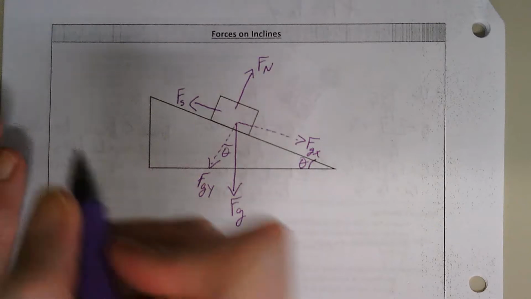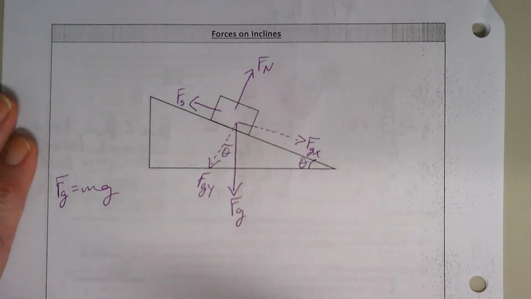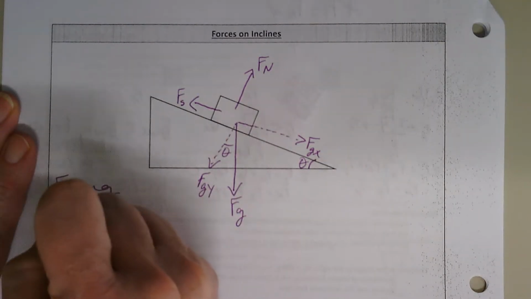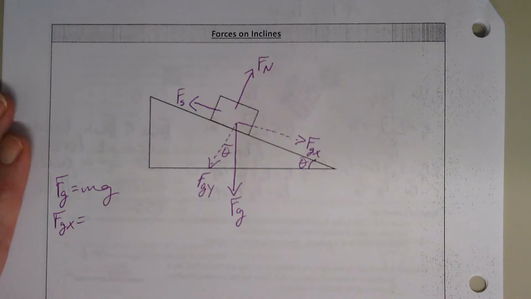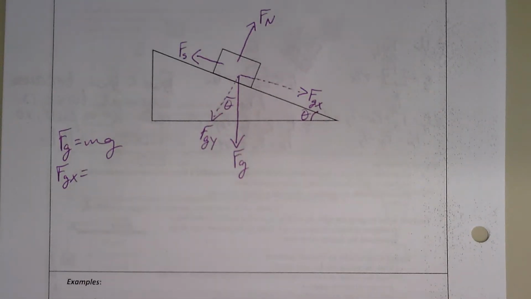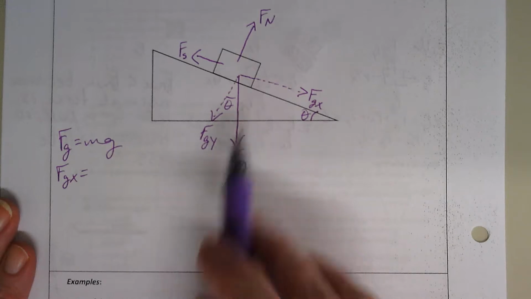So your Fg is still mg, but your components are a little different now. Before, when you would take a component of something, it would be that component times cosine theta if it's on the x. But because this angle is taken with respect to the vertical, we're not going to do that.